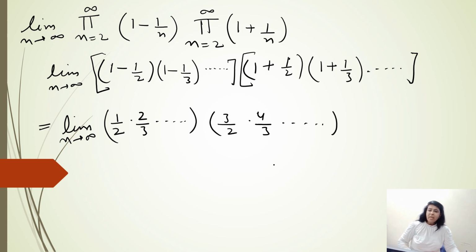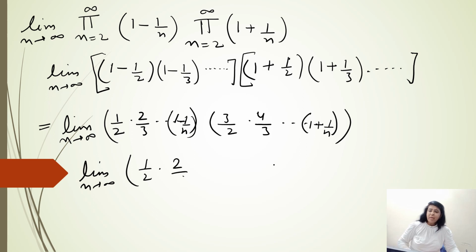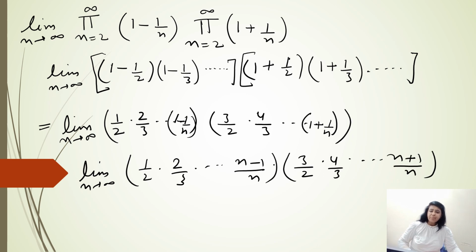Now you can see that the last term is 1 minus 1 by n, and the last term is 1 plus 1 by n. Or this is equal to limit n approaches infinity, 1 by 2, 2 by 3 and so on up to n minus 1 by n, and then we have 3 by 2, 4 by 3 and n plus 1 by n.